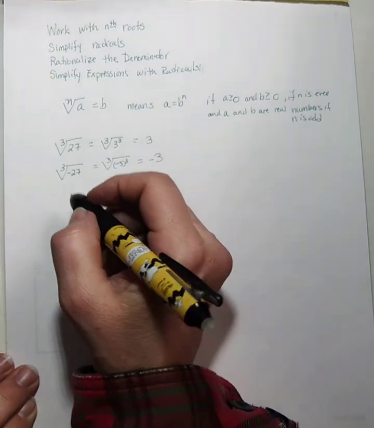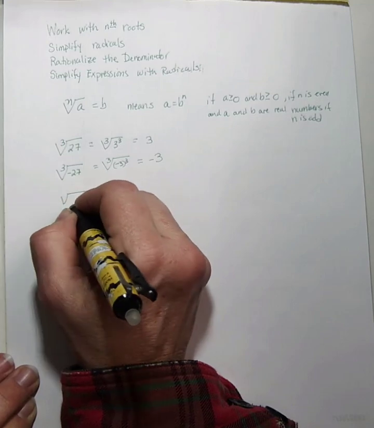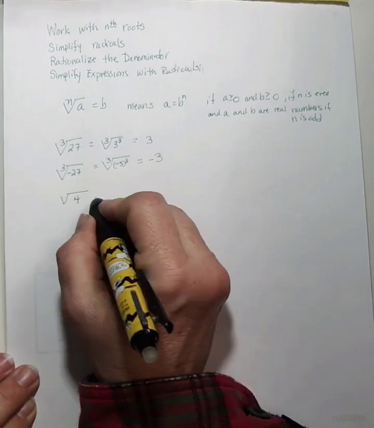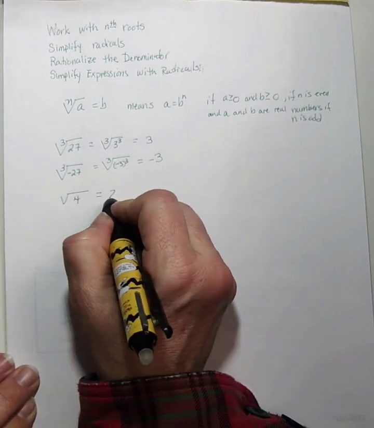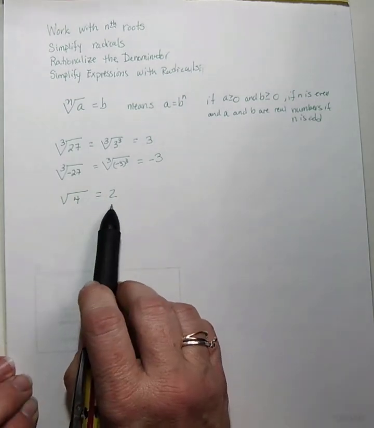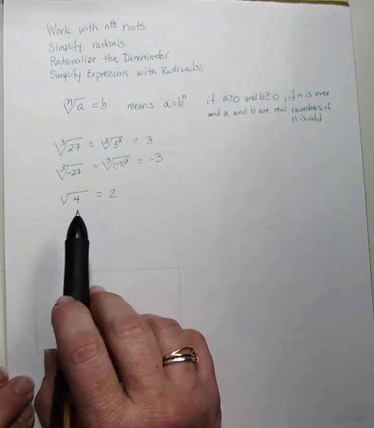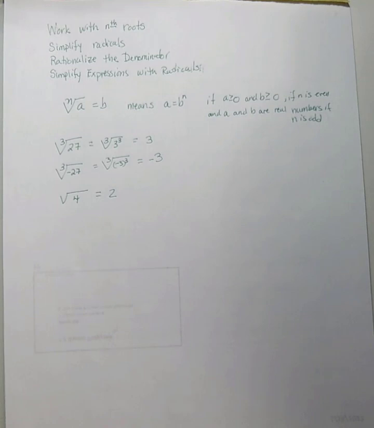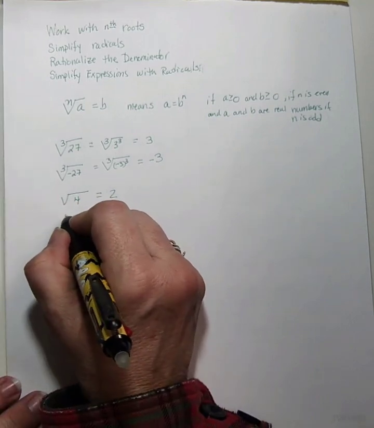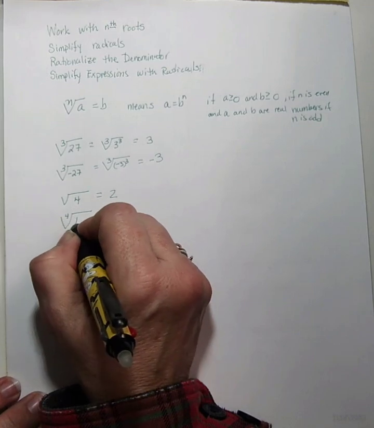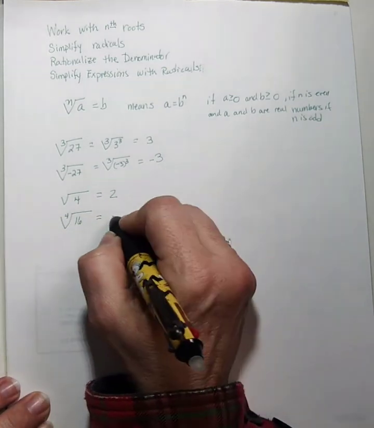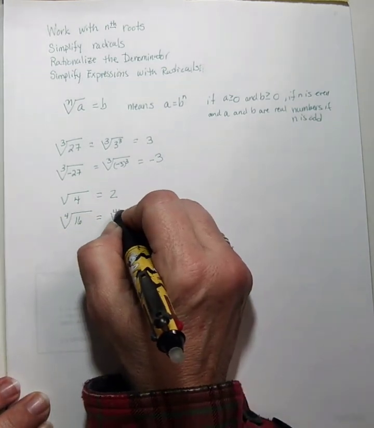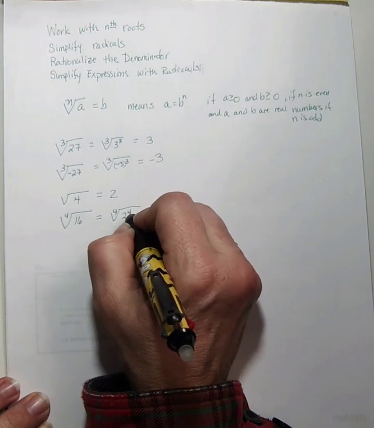If I have the square root of 4, then it's going to equal 2. It has to be positive if we're talking about real numbers. So if I had the fourth root of 16, I could rewrite that as the fourth root of 2 to the fourth power.